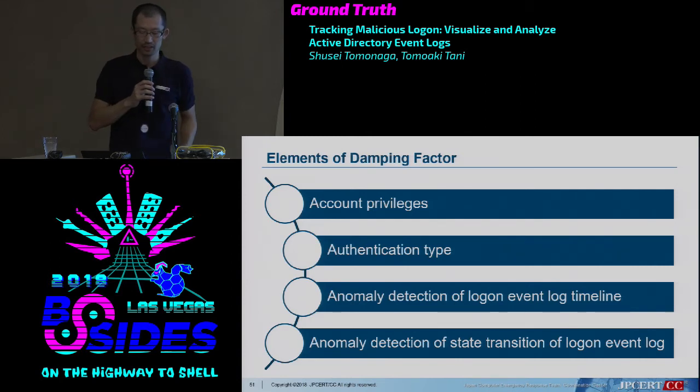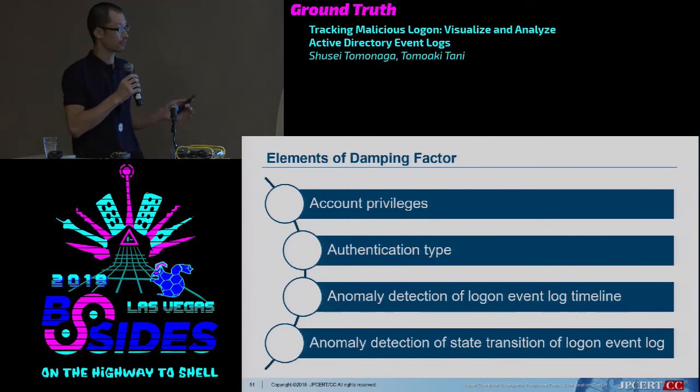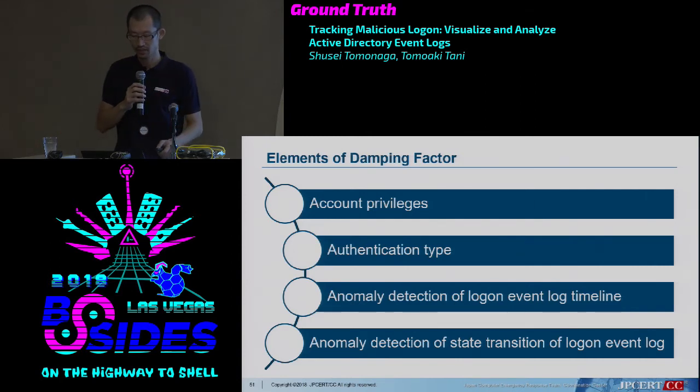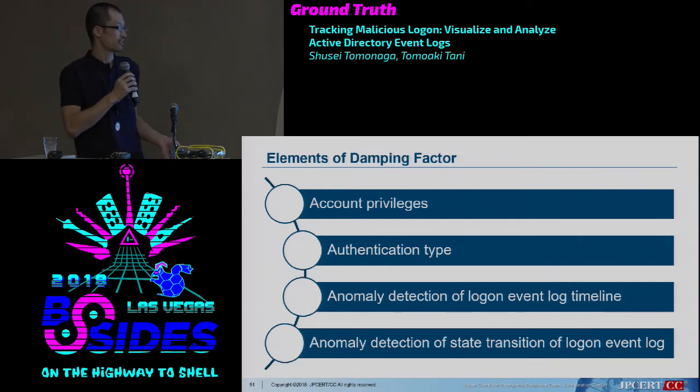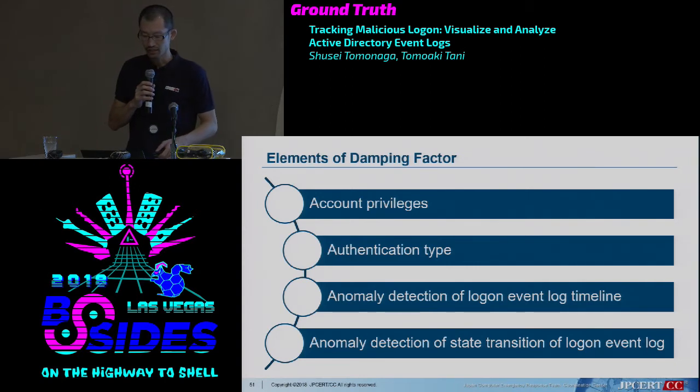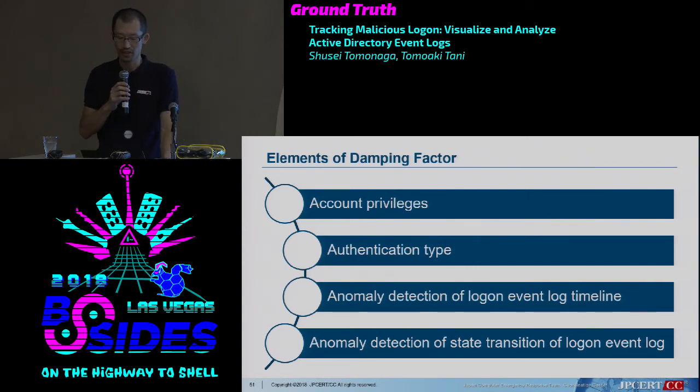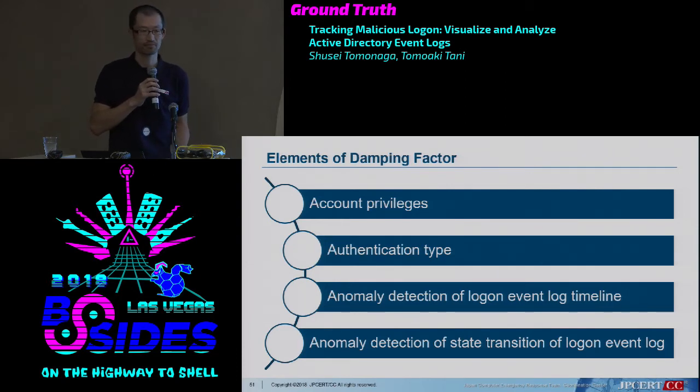We dynamically calculate the damping factor from the following elements: account privilege, authentication type, anomaly detection of logon event log timeline, and anomaly detection of transition of logon event logs. After this slide, we will introduce these elements.